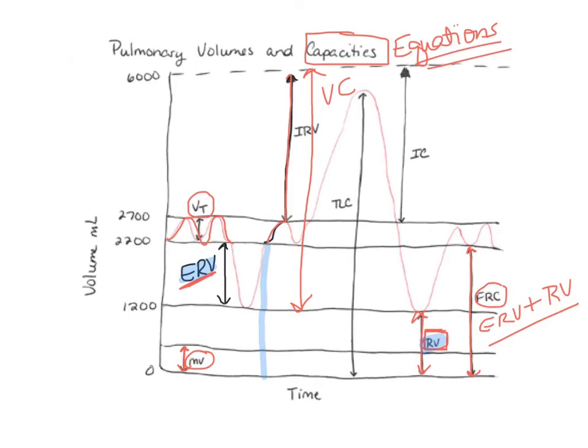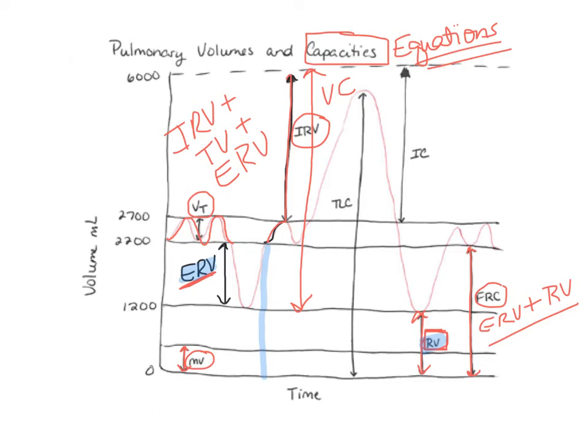Can you repeat that? Yep, the vital capacity is the inspiratory reserve volume plus the tidal volume plus the expiratory reserve volume. So basically, it's how much air can you possibly breathe in and out forcefully? You add those all up, and that's your vital capacity. Vital because that's what you have to deal with. That's what you have.